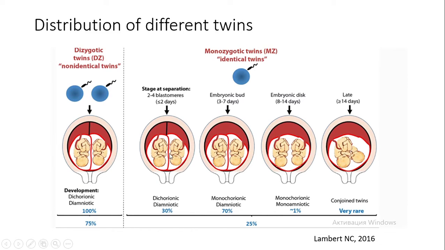But you see the difference of dichorionicity and monochorionicity depends on the time of cell division. And sometimes, if the division of cells occurred at 2 weeks, it may lead to conjoined twins, a very extremely rare condition.